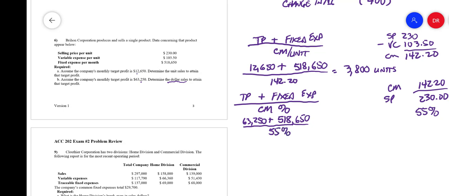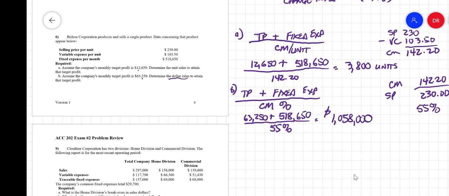I'm still thinking about letter A. So this is letter B, and this is letter A. This one will give us a total sales volume that we need to achieve of 1,058,000. So this is in dollars, okay? That's different from letter A, which is in units.